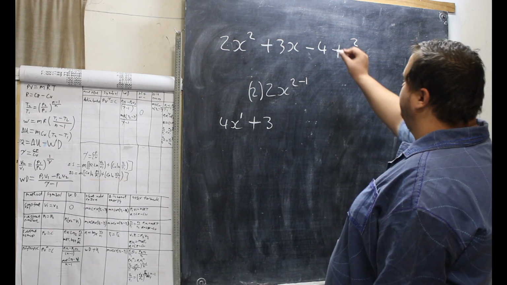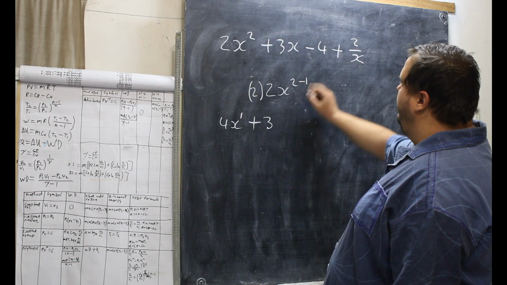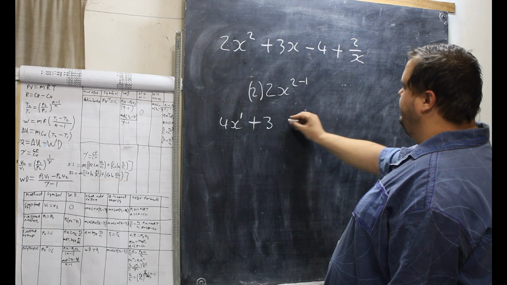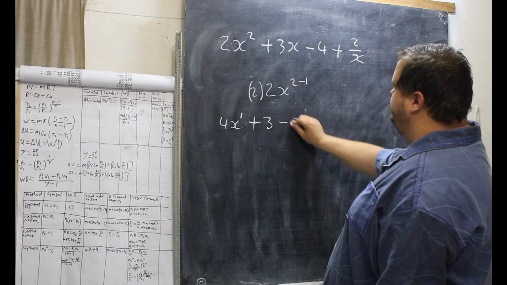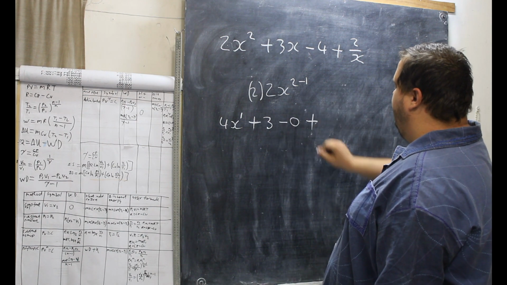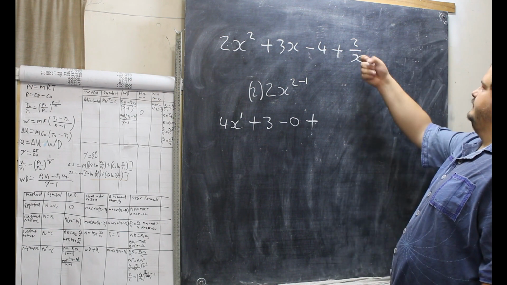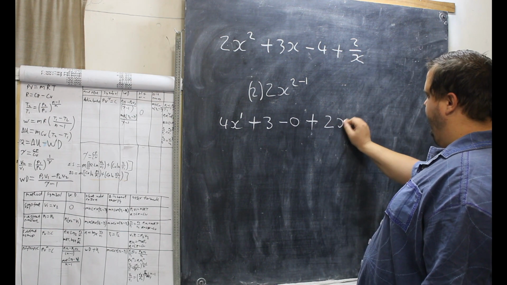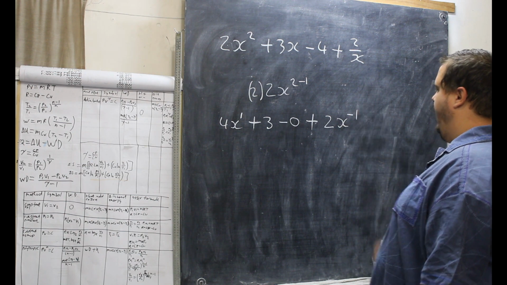Now 4 is quite interesting. It is like saying there's no x with it, so technically it's 0, so minus 0, plus, now this one's interesting, 2 over x, so we'll say 2x to the minus 1.